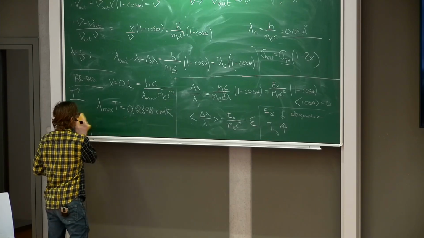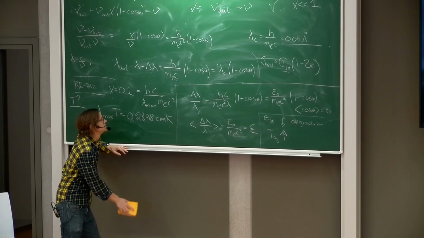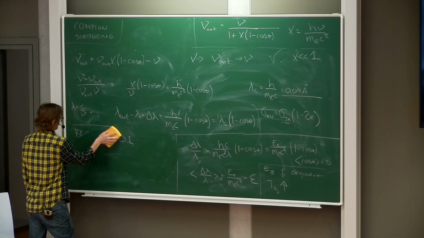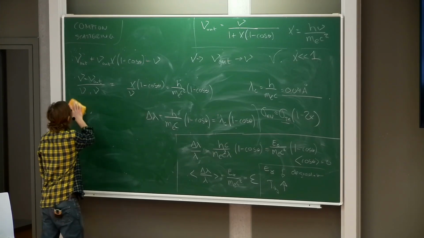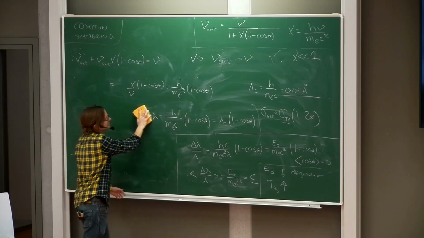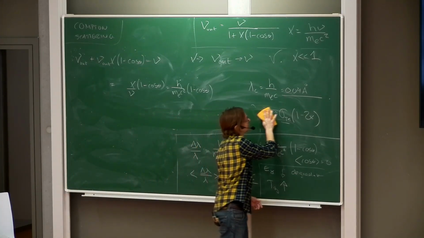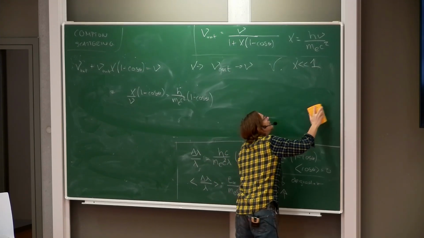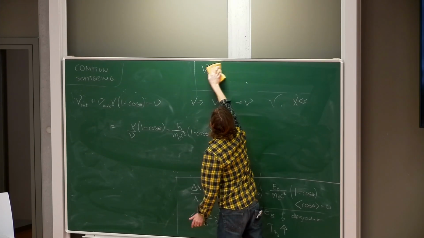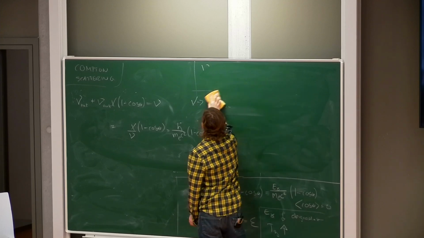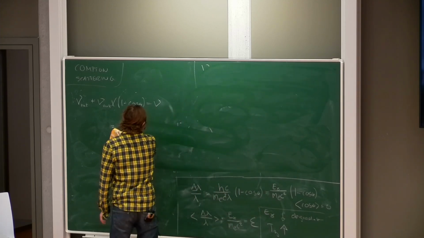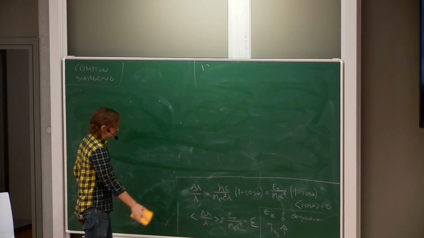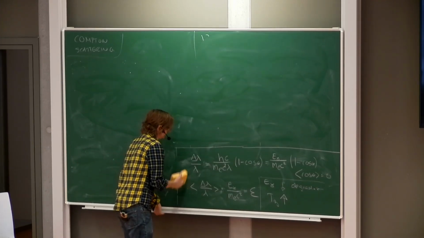Like I said, a very important effect for establishing equilibrium between the photons and the protons and electrons in the early universe. All right, that was our Comptonization.